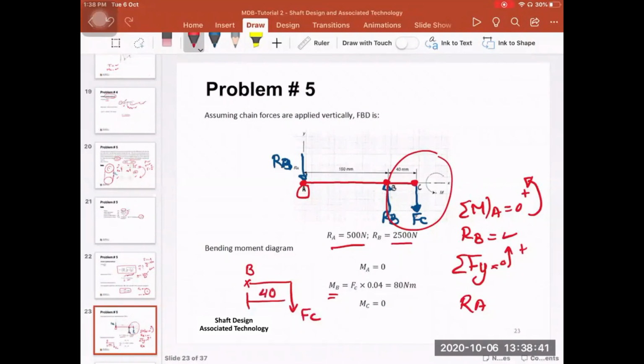So the force FC multiplied by 40 mm gives you the bending moment in Newton-mm, or the force multiplied by 0.04, which is in meters, gives you the bending moment in Newton-meters. So the moment at C and the moment at A are equal to 0. So the bending moment is maximum at point B.